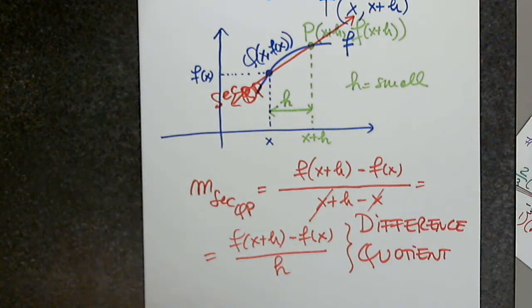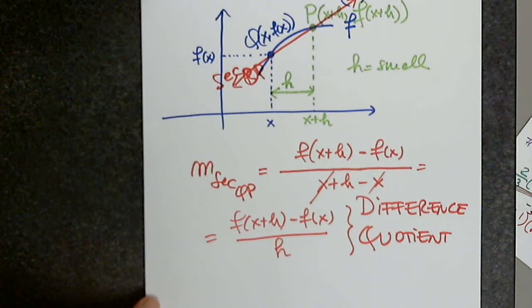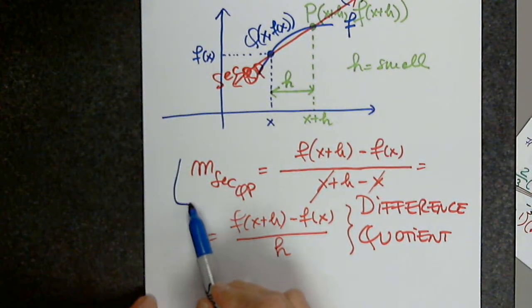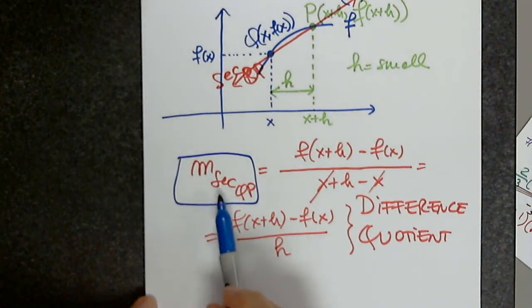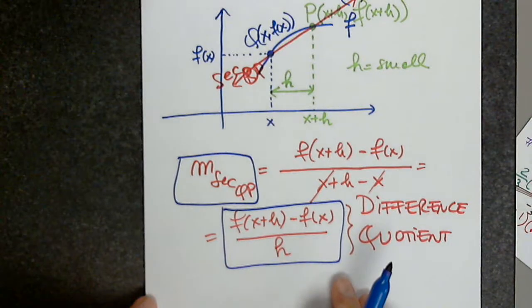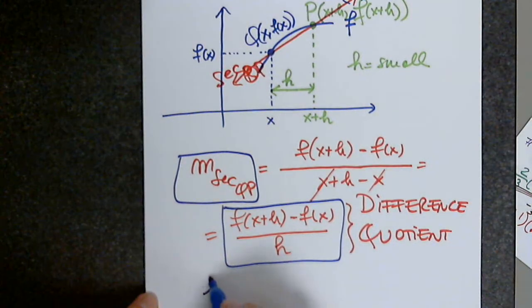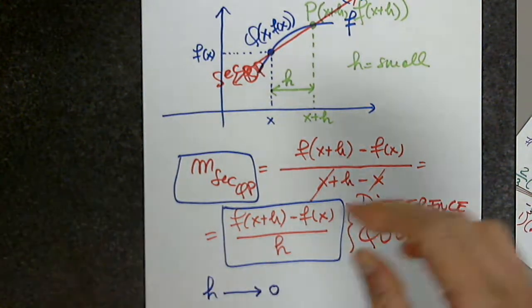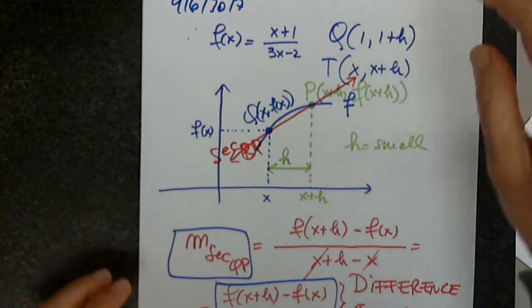Okay, so stay with me for a second, and here's my next question. This is the definition of the slope of the secant PQ. What do you think will happen if h gets closer and closer to 0? Don't say anything just yet. Allow me to show you what happens on the graph.